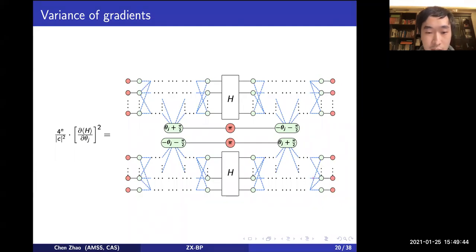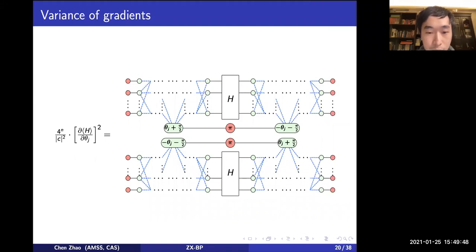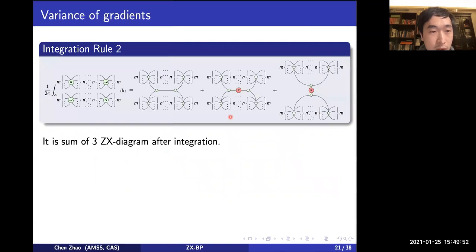And in this ZX diagram, each parameter corresponds to two of these spiders. And when we integrate one of these parameters, for example, we integrate over alpha, then we can get the result as a sum of 3 ZX diagrams.